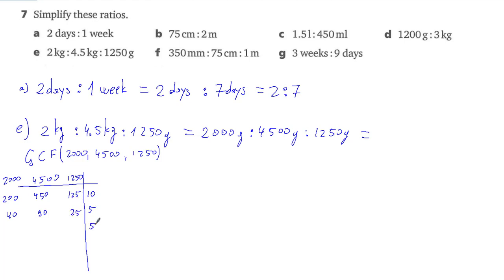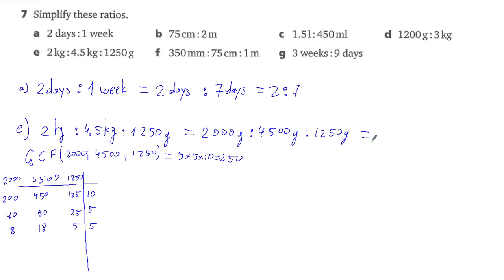As we can see, we can divide again by 5, so 8. 90 divided by 5 is 18, and 25 divided by 5 is 5. And we cannot divide further. So what does that mean? The greatest common factor will be 5 times 5 times 10, which is 250.